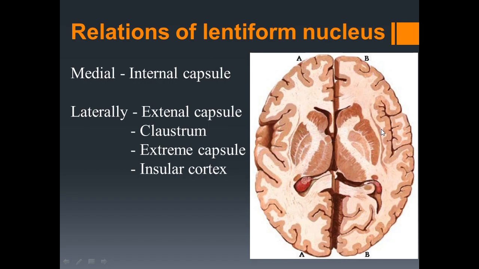And lateral to the extreme capsule, again grey matter. This is called as insular cortex. So lateral relations of lentiform nucleus from within outwards is the external capsule. Lateral to it there is claustrum. Then this is the extreme capsule and this is the insular cortex.